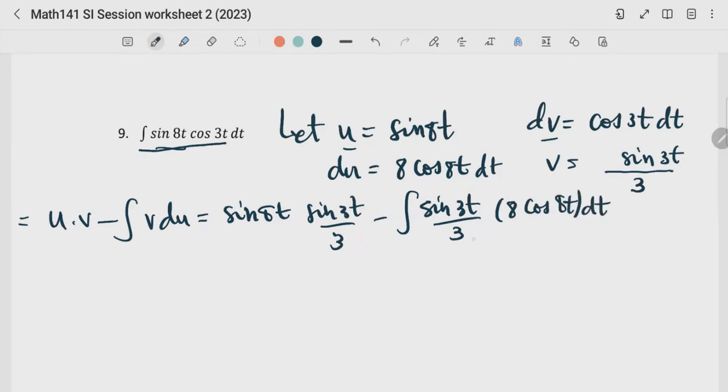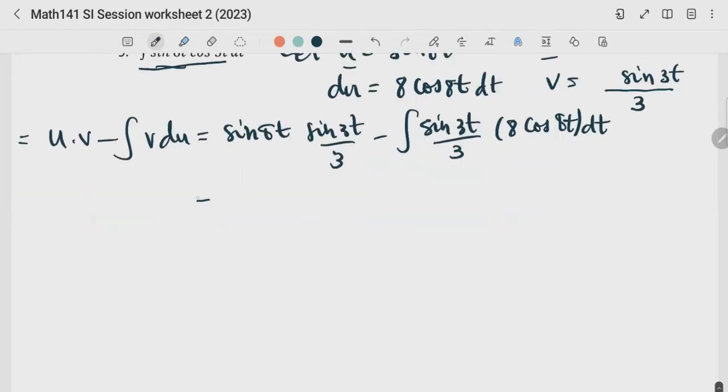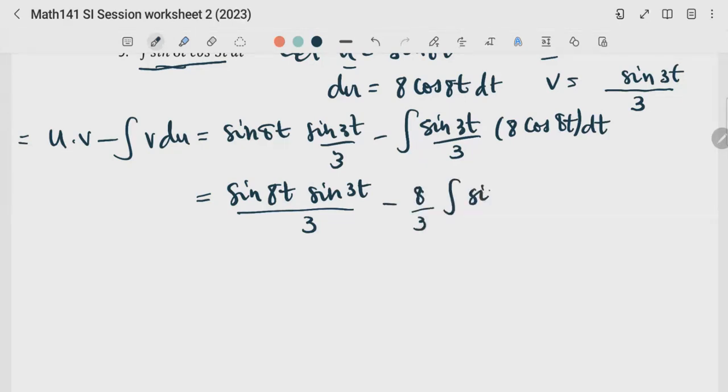We can take out the 8 over 3 as a constant, so we have sine 8t sine 3t all divided by 3 minus 8 over 3 multiplied by the integral of sine 3t cos 8t dt.